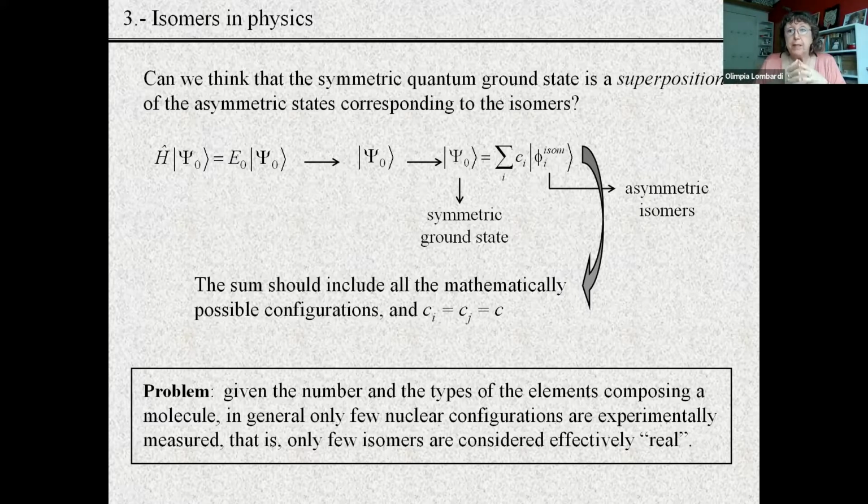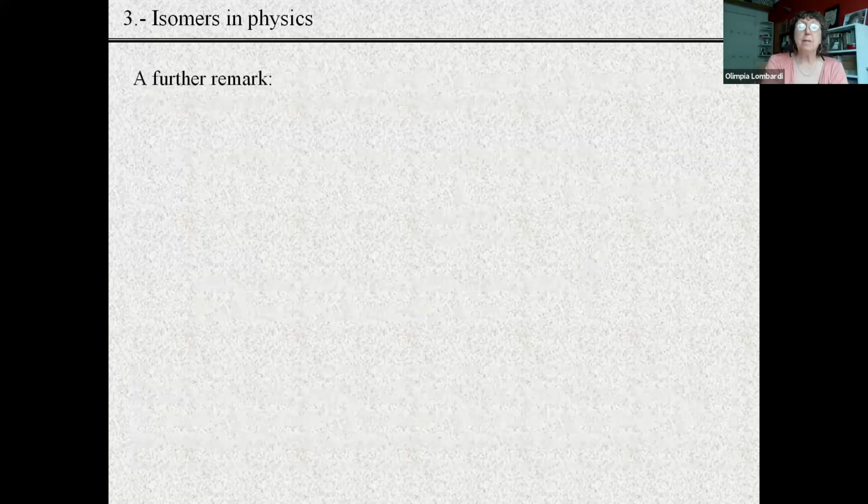So the problem here is when I measure, I only find how many? 3, 4, 5 isomers, but not all the possible mathematical configurations of possible positions of the nuclei in physical space. And there is a further remark.